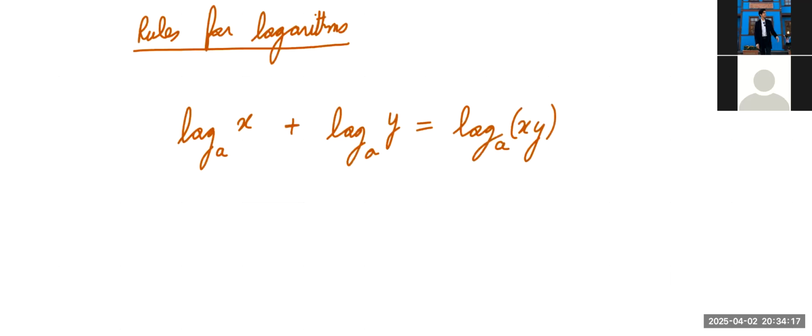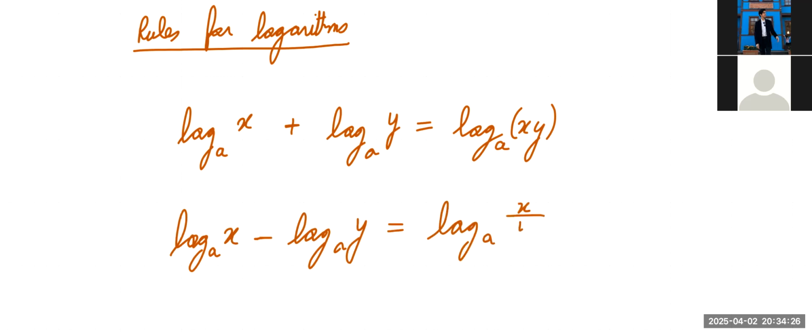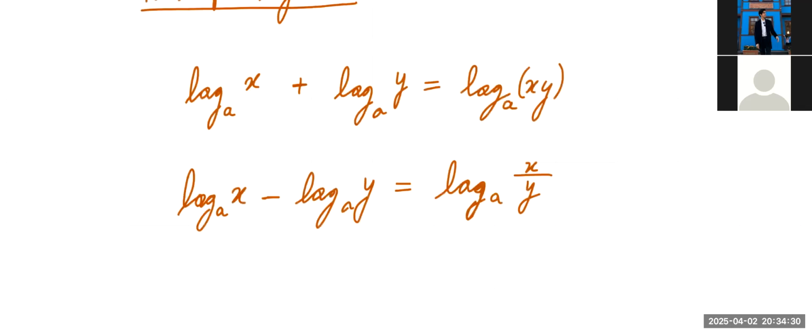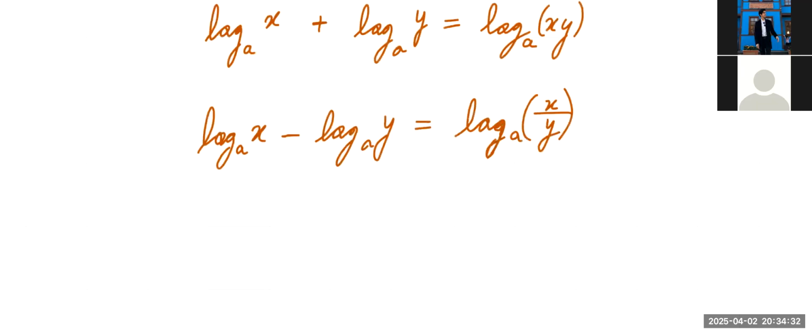And similarly, if you have two logs with the same base and you're subtracting them, you can combine them by dividing the insides. And this is a very, very important one.